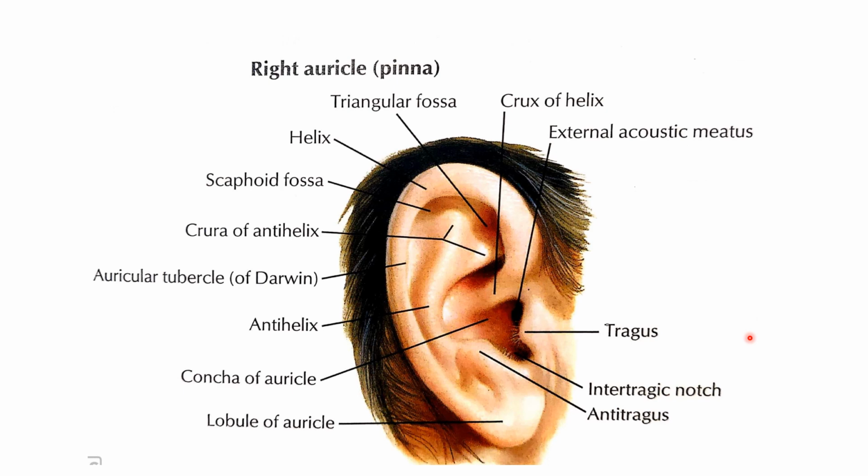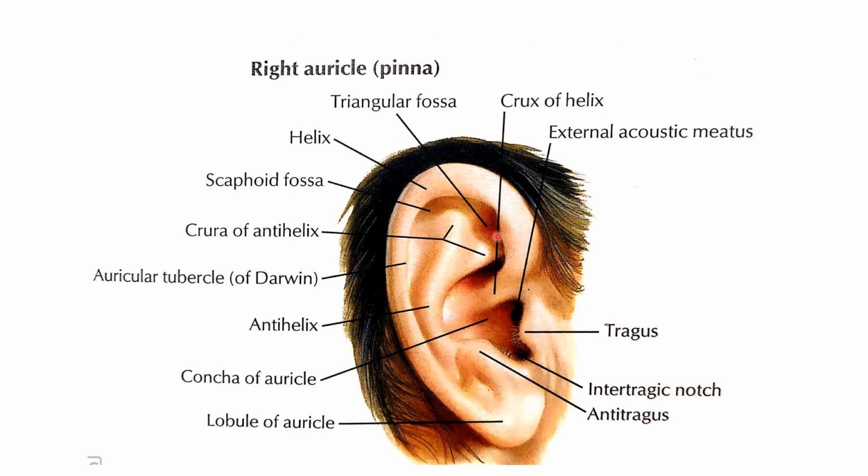Whatever is visible in this picture is the lateral surface, and whatever is behind this is called the cranial or medial surface. We are going to discuss the features on the lateral surface, which displays many elevations and depressions.